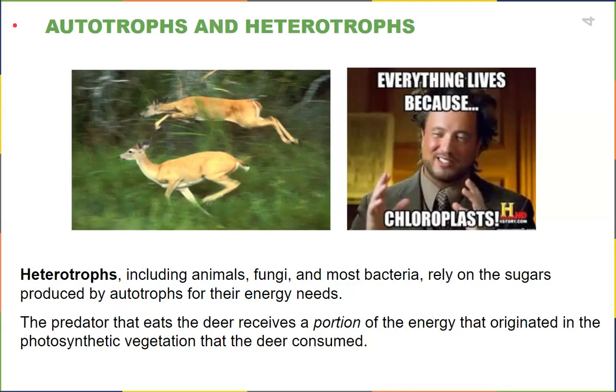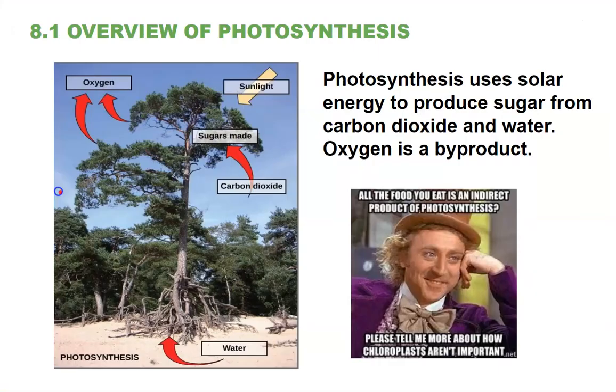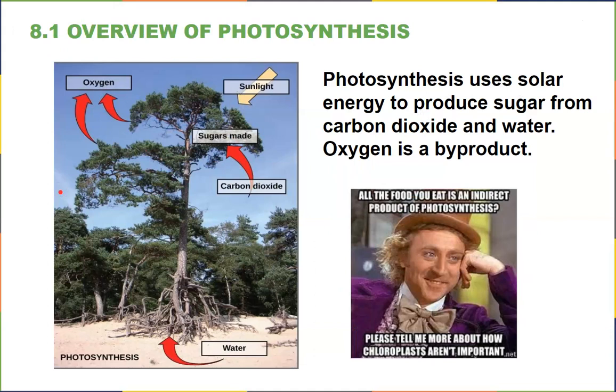All right, something to consider here is just a plant in general. So where are these reactants of photosynthesis coming into play, and where are the products being made? This is a very simplified overview of photosynthesis, just looking at this one tree. Photosynthesis uses solar energy.